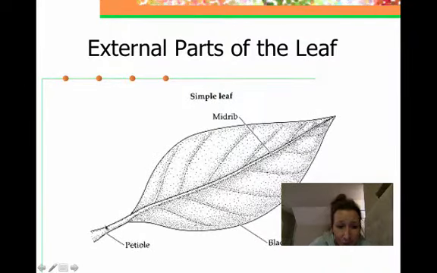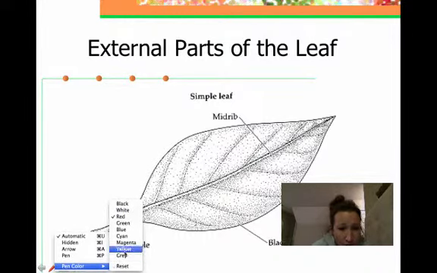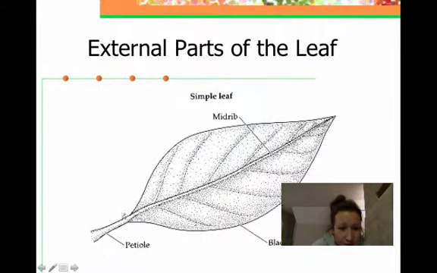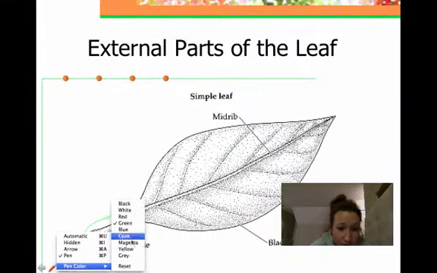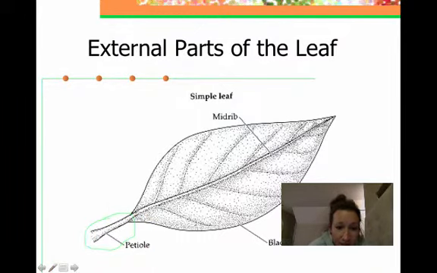This is the petiole, and I'll try to show you these parts. So this is the petiole. That's the tiny little stem that connects the leaf to the plant. The midrib, and I'll change over to red to show you the midrib, is going to be this main vein that runs up the center of the plant.